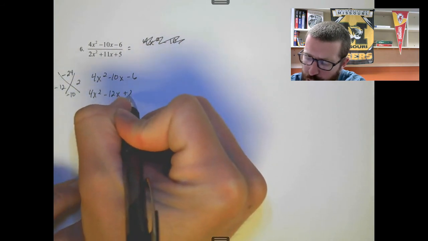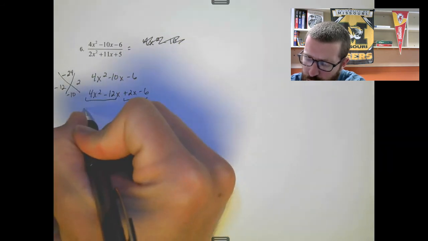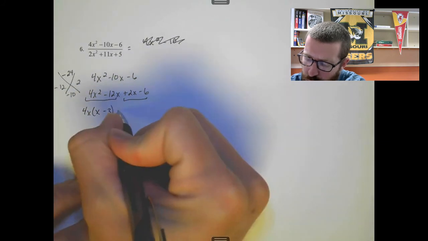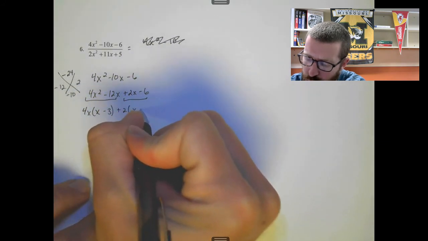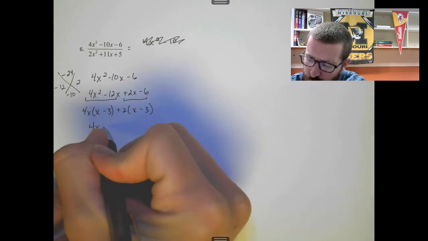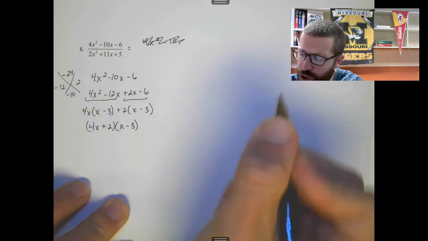Use our numbers to rewrite the middle term. Factor out a 4x and a 2. And so that's 4x plus 2, and x minus 3 is my new greatest common factor.